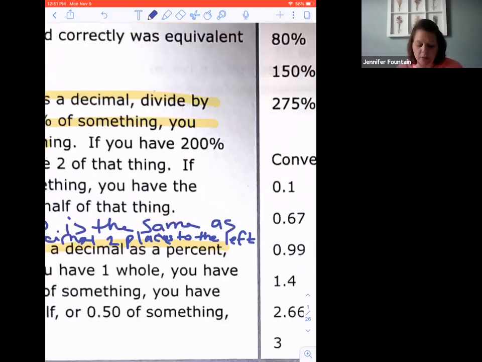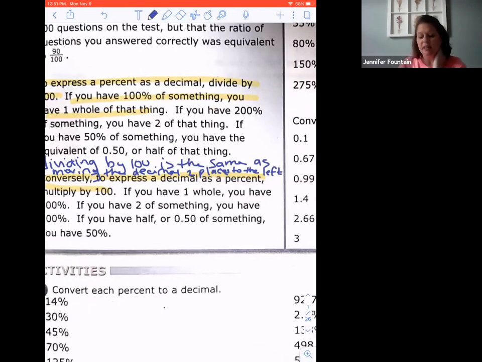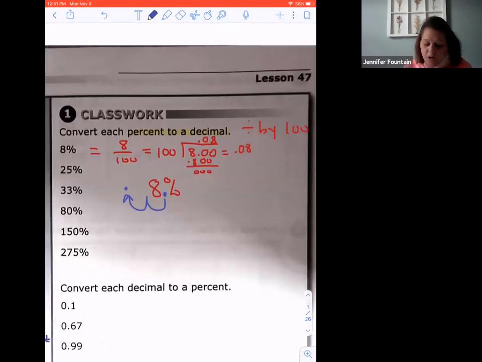Okay, so if I remember that dividing by 100 is the same as moving my decimal 2 places to the left, that's a whole lot easier than having to do 8 over 100, 100 divided into 8, and then I have to put my decimal and my zeros and divide and all that stuff.